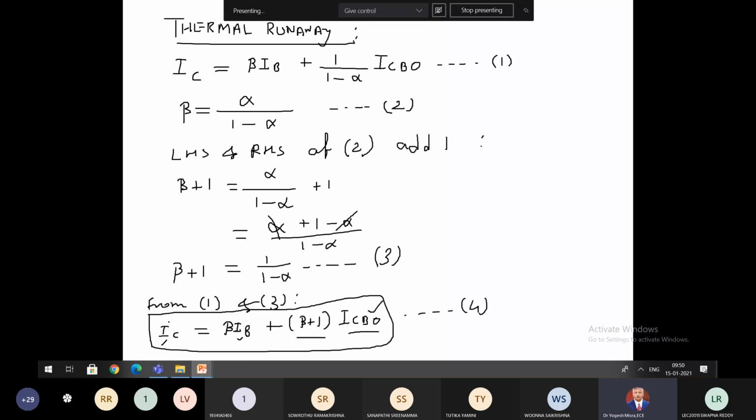So at one point of time, due to the excessive heat, the transistor will burn out, and this is called thermal runaway. This is the self-destruction of the transistor due to the rise in IC. So what is thermal runaway? It is the self-destruction of the transistor due to the excessive heat.